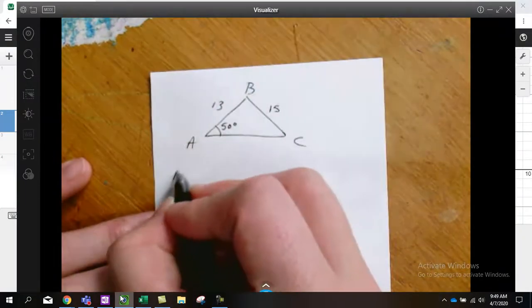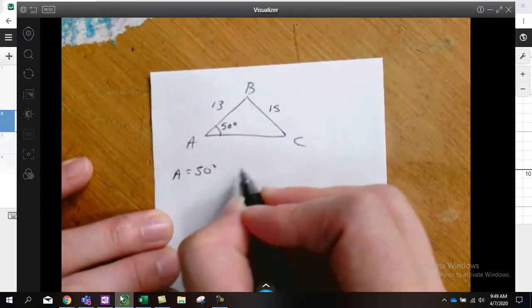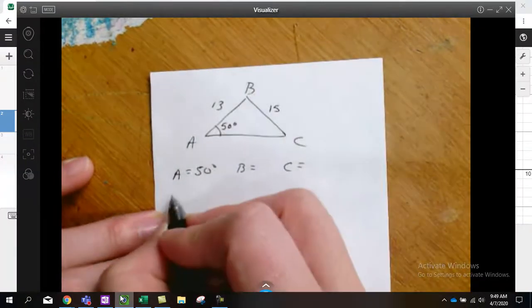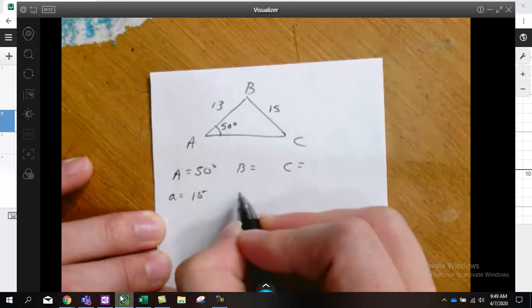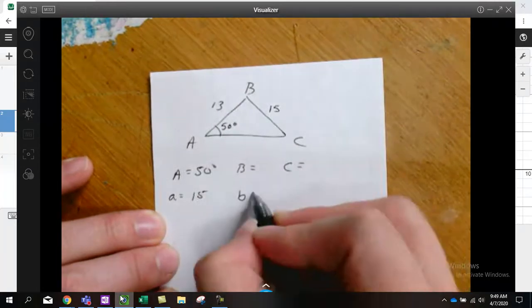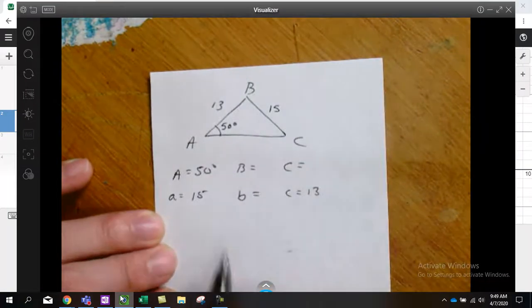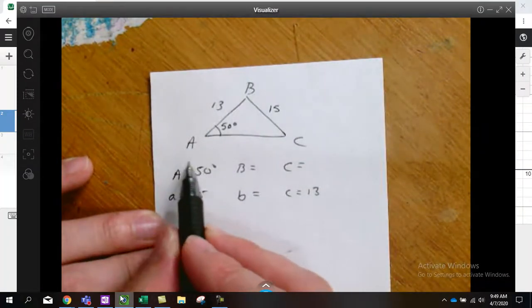Capital A is 50 degrees. Capital B is unknown. Capital C is unknown. Little a is 15. Little b is unknown, and little c is 13.